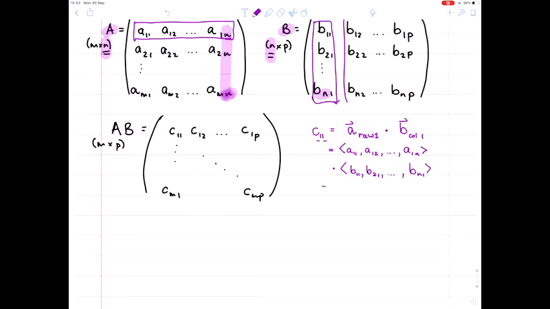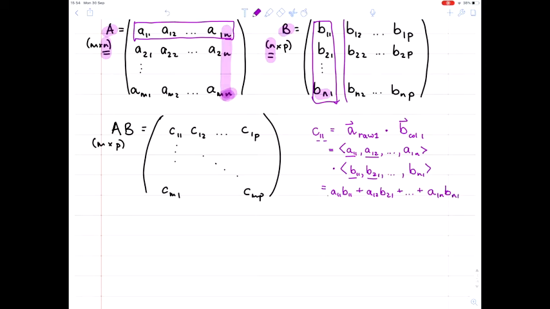If I work through this multiplication, because this is a dot product, I've got A11 times B11. Then my next term is going to be A12 times B21. And I'm going to keep on adding each of those terms, and my final term will be A1n times Bn1.